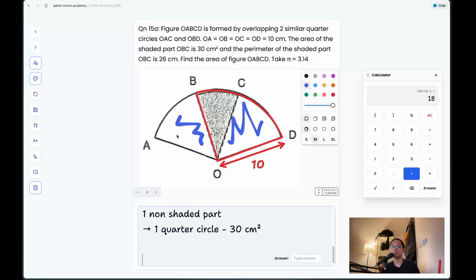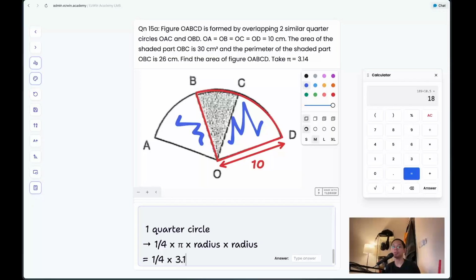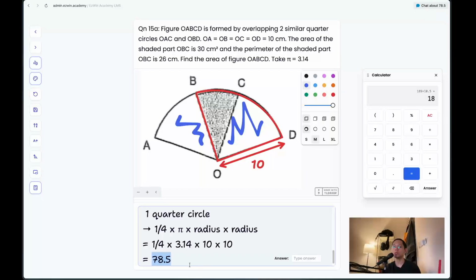One quarter circle, the area itself would be equal to 1 quarter times pi times radius times radius. We know the radius in this case is 10. So we have 1 quarter times pi, which is 3.14, times 10 times 10. And this will give us 78.5 for 1 quarter circle.